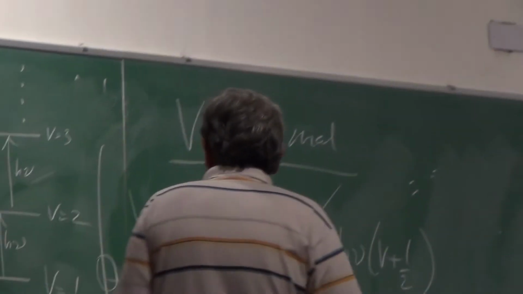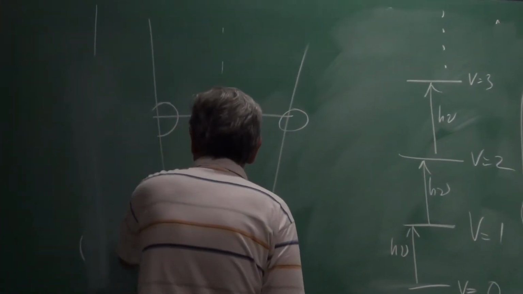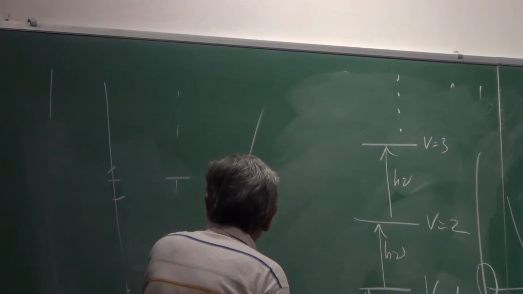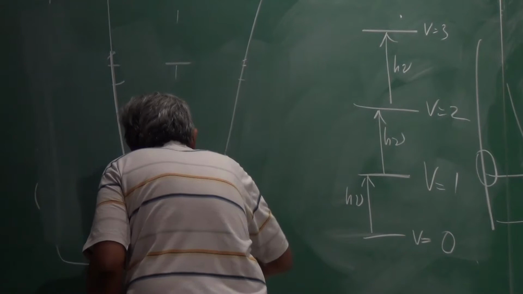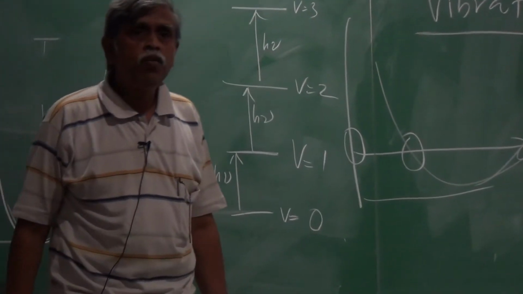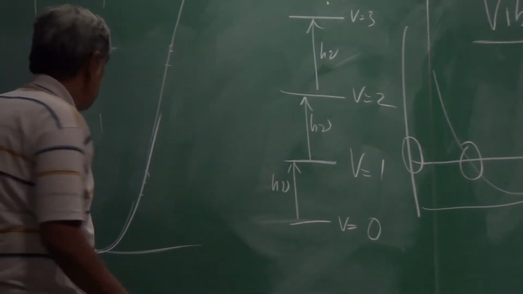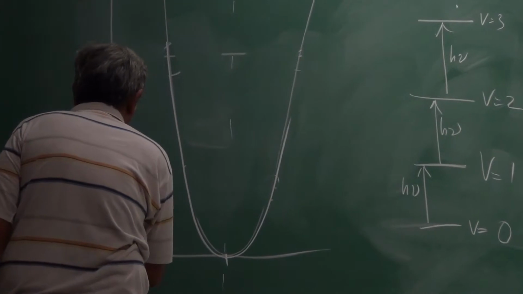Okay. Now let's see. Now what I am doing is, I have the potential and V equal to 0. What is the energy of V equal to 0 going to be? Half h nu. So I want the energy, it is half h nu.